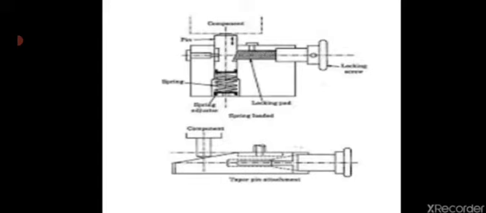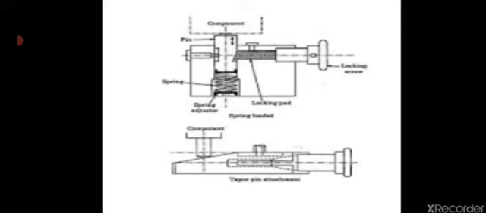In this type of pin, there is a lock nut mounted on the screw. When the nut is rotated, the locking pad moves forward and the jack pin pushes the workpiece upward. Second type of jack pin is the wedge actuated jack pin. The bottom face of the pin rests on the wedge, which has a tapered surface.